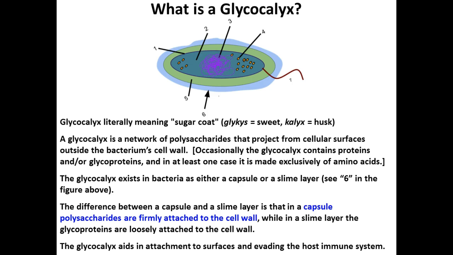And for ones that get into hosts that have immune systems like ourselves, it helps them hide, evade our immune system, evade a very important process called phagocytosis that we're going to take a look at, where our white blood cells literally will eat, gobble up and eat bacteria. But when they have a capsule, we have a hard time recognizing them. It's like they're wearing a disguise.